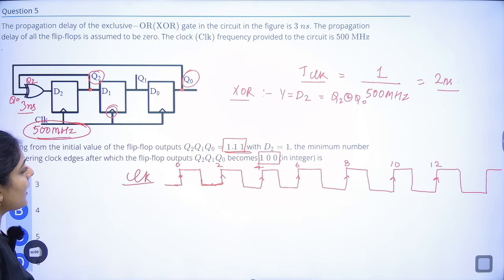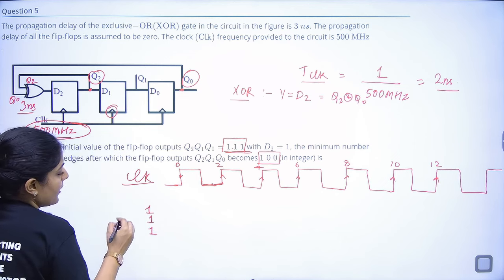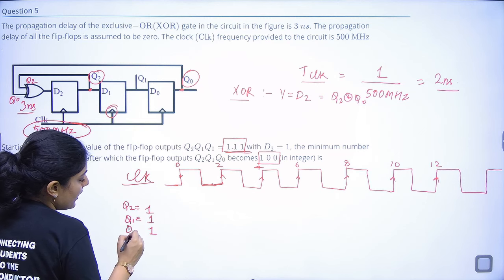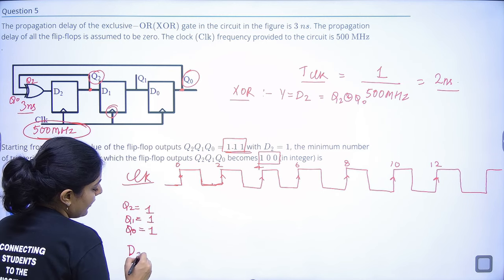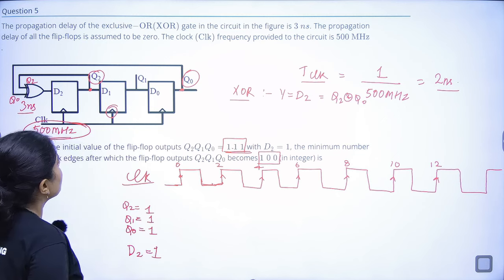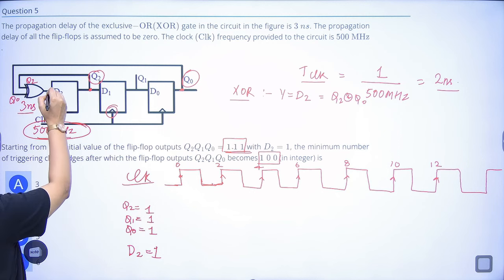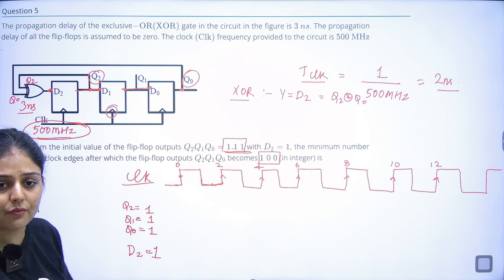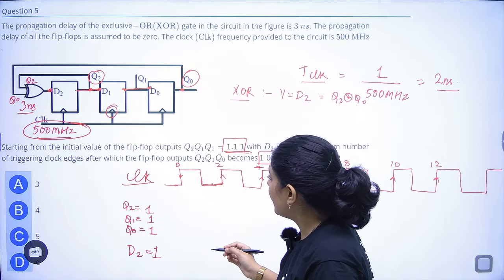So the initial values they have taken as 1, 1 and 1. So Q2 is equal to 1, Q1 is equal to 1, Q0 is equal to 1, and the initial value of D2 is also given as 1. What kind of circuitry is this? This is a shift register, right? Here input is given, the output is moved to the next, the output is moved to the next: serial in, serial out shift registers. So what will happen at the first clock pulse?